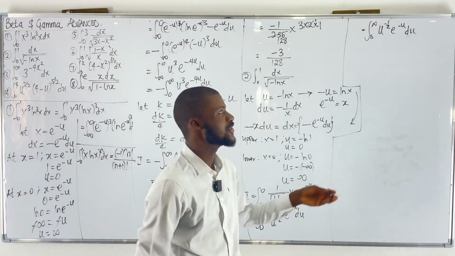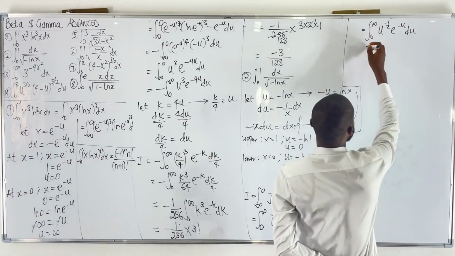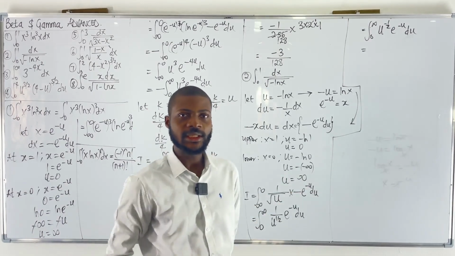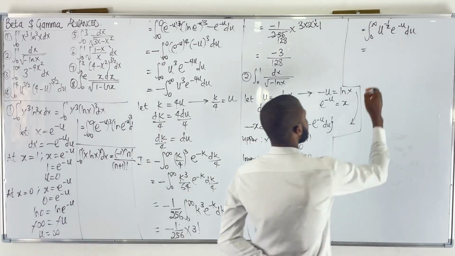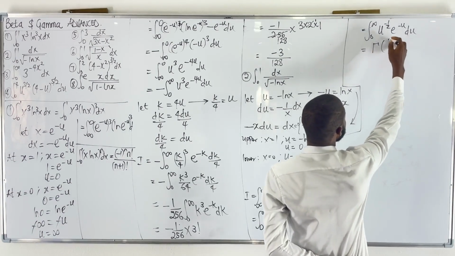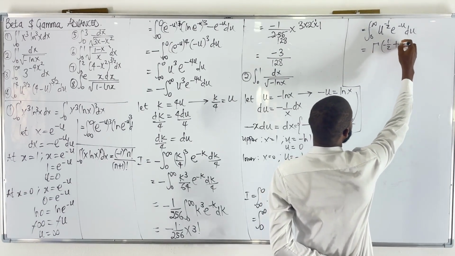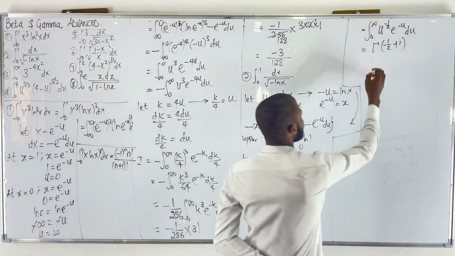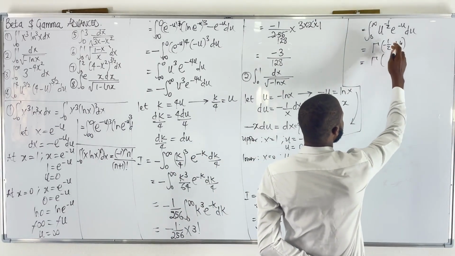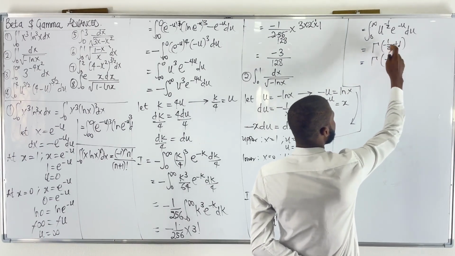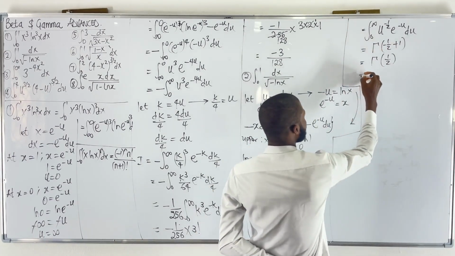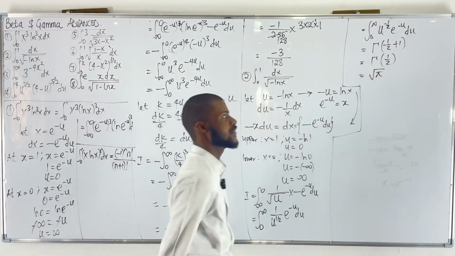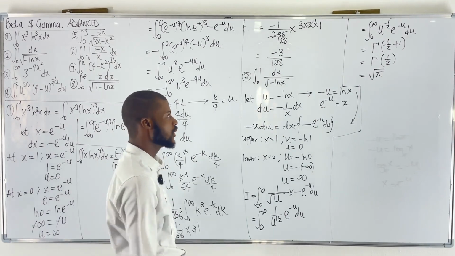But since we have fractions in this case, we cannot use factorial. Instead, we're just going to use the gamma representation of it. So this will be gamma of minus half plus 1. Everything here is just a half when you add these fractions up. So what is gamma of half? That's root pi. And that's just the answer to that very equation.